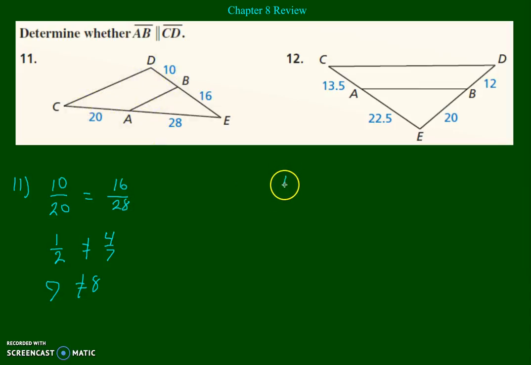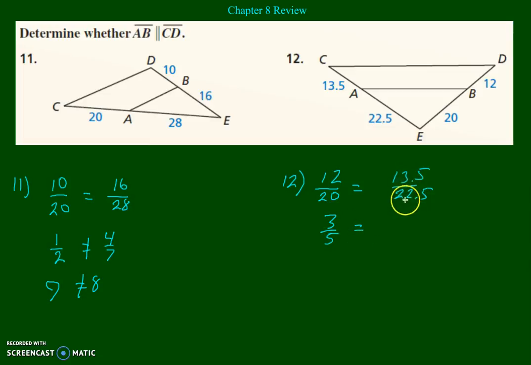Let's try 12. We can do the same thing here. Let's just go this way. 12 to 20 is 13.5 to 22.5. 12 to 20 simplifies to 3/5.